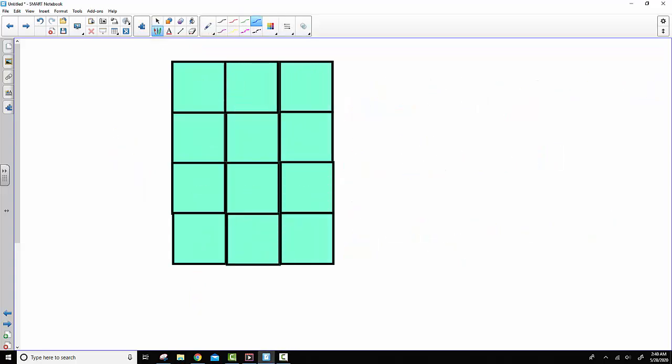Let's try a more standard example once again. So now we have our shape, which has very distinct edges. And we see on the left-hand side, there are 4 units. On the bottom, 3 units. Of course, there's 4 units on the right-hand side and 3 units at the top.